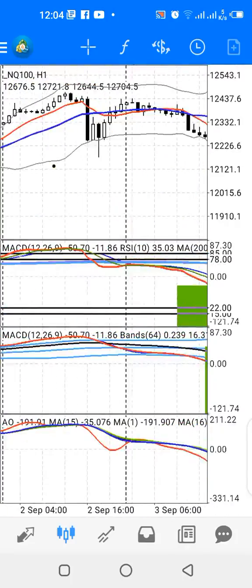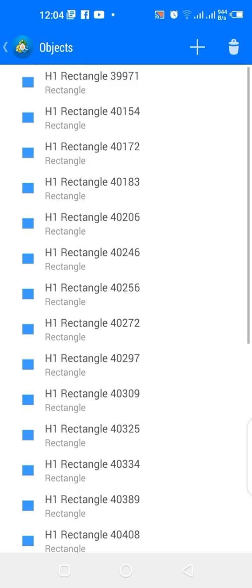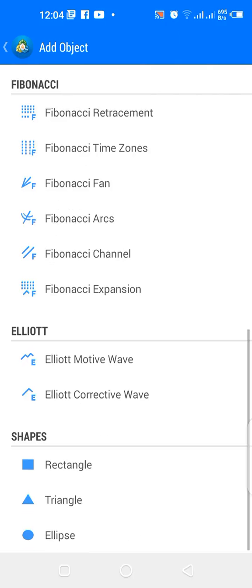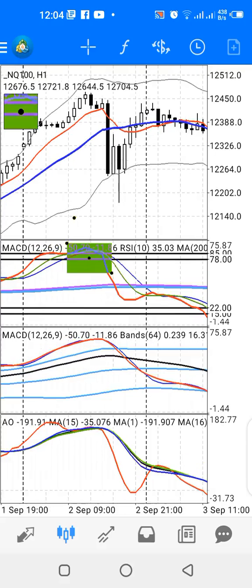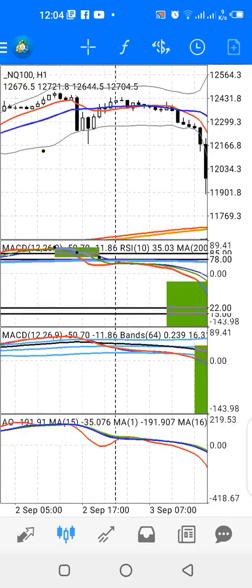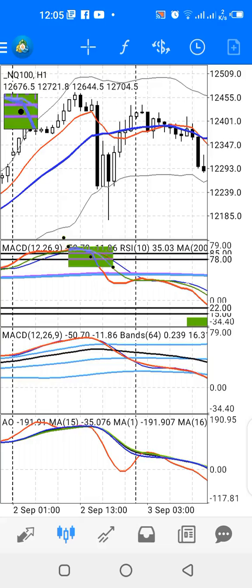You look for turning points where you have the moving averages going to the upper RSI area, between 78 and 85, and then the moving average turns downwards. So that may signal a sell. That may give you a sell signal that you should go short.